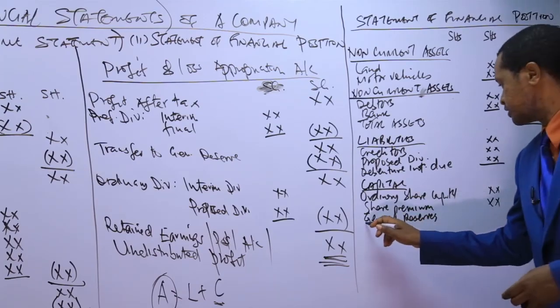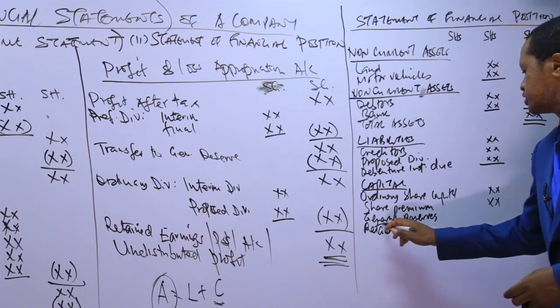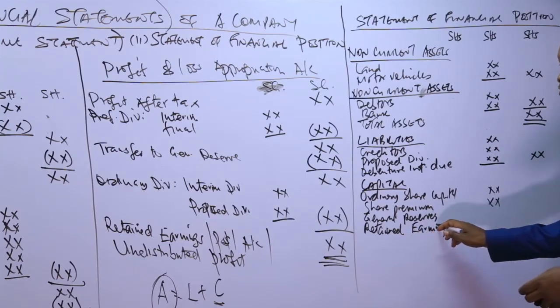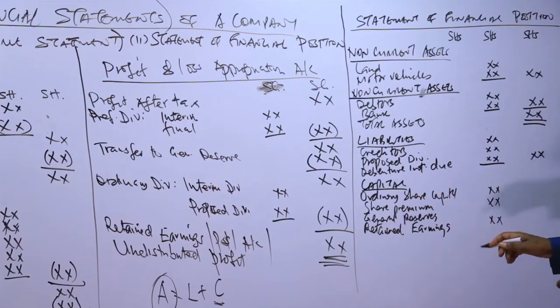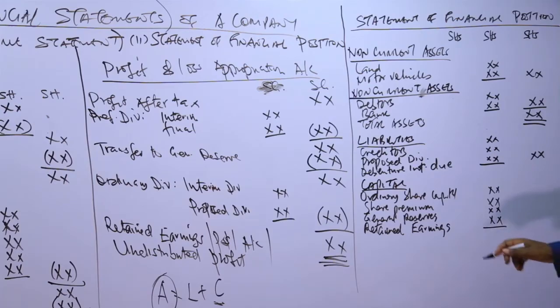Then there is also the retained earnings or profit. Retained earnings or profit. So this is the total capital or shareholders' funds. This is referred to as shareholders' funds.